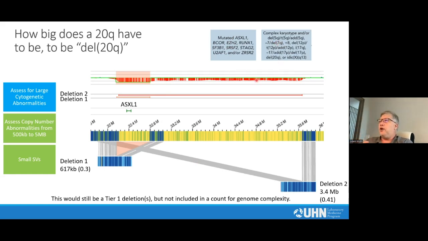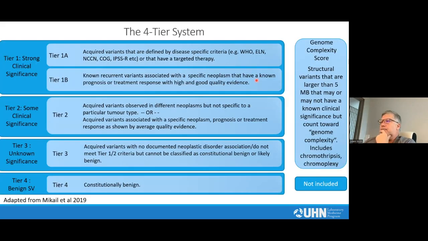So I think there are some prickly issues around this that we're certainly just going to have to figure out how to deal with, and we'll probably see updates to the classification as the amount of evidence around these types of submicroscopic cytogenetic abnormalities grows. So that's going to be very interesting and something that we're going to probably be talking a lot about in these meetings and in other meetings as well.